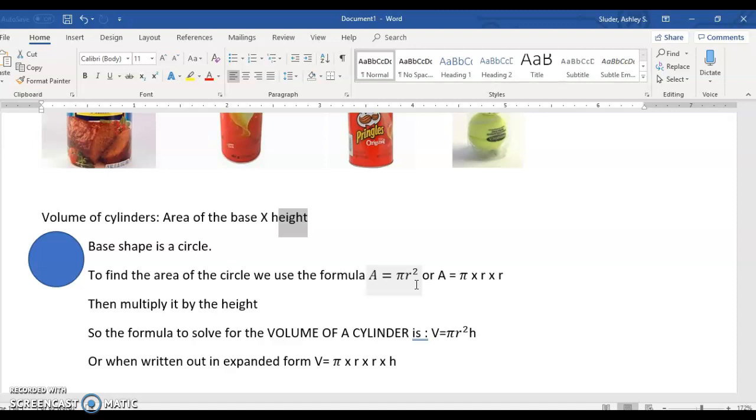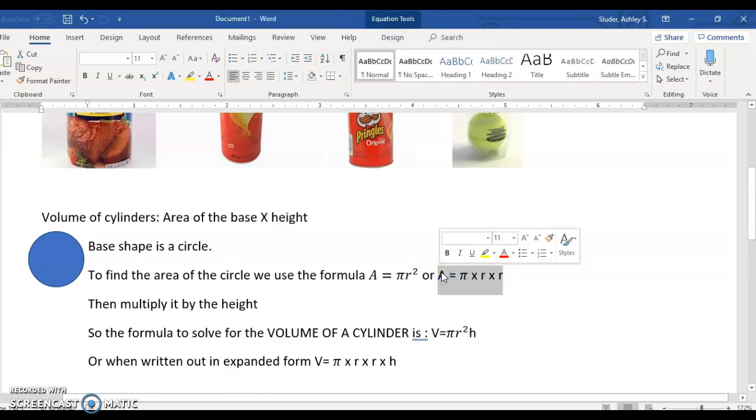And then square that and multiply it by pi. If I would write it in expanded form, I can say the area of a circle is pi times radius times radius. Basically, radius squared is multiplying the radius 2 times. So sometimes you will see it this way, but I want you to think about it this way.